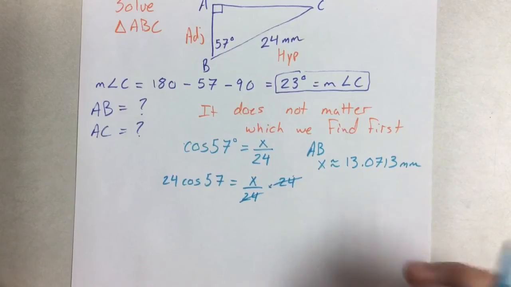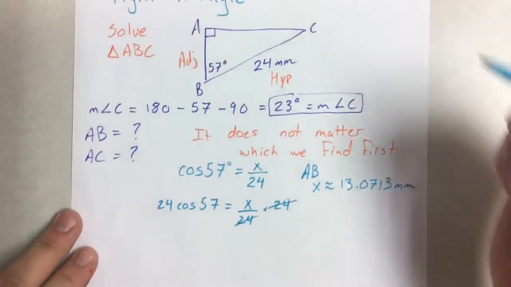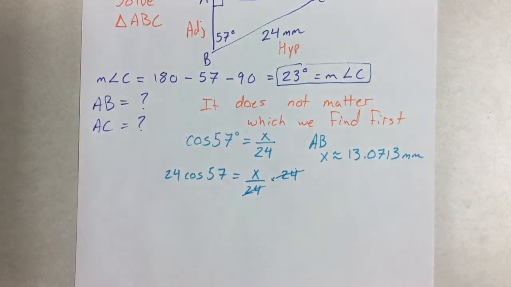So then we found the measure of AB. Looking back, we have every angle measure, and we have two side lengths now.